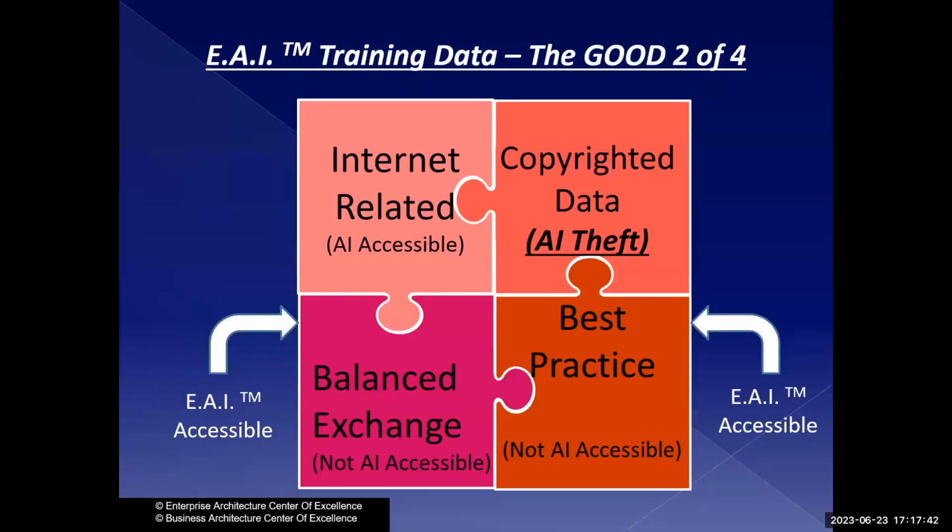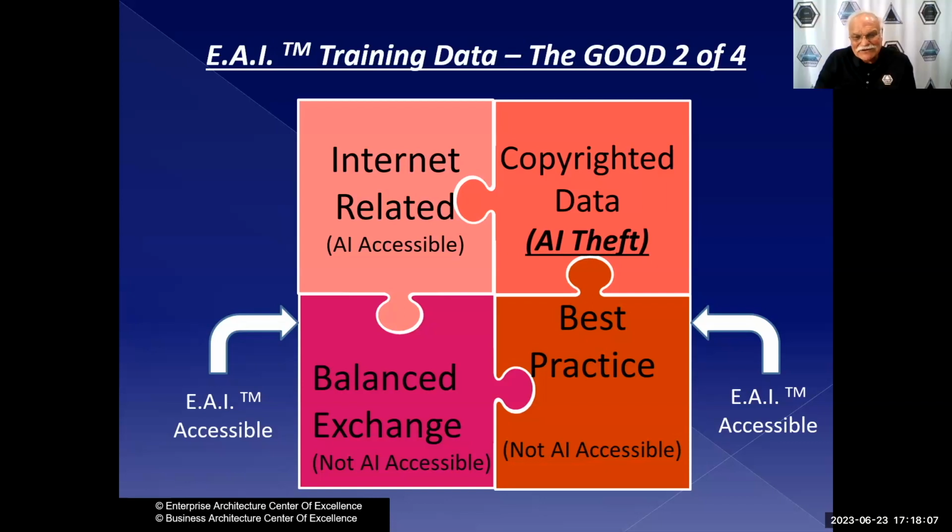So what we have here is the EAI, your enterprise artificial intelligence engine, will have access and keep building on balanced exchange information and best practice information, and of course, the copyrighted information that you own.